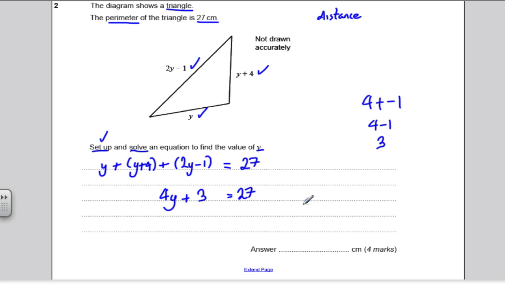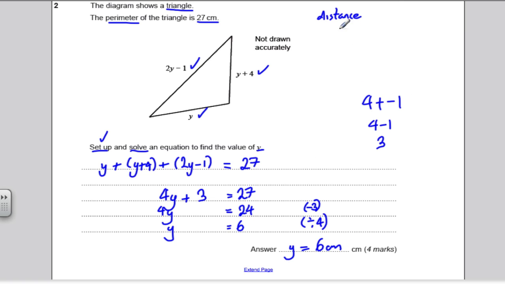To solve it, we subtract 3 from both sides to get rid of that 3. So we have 4y equals 24. And then to make y the subject of the formula and solve for y, we divide both sides by 4 and we get y must equal 6. So the answer is y equals 6 centimeters.